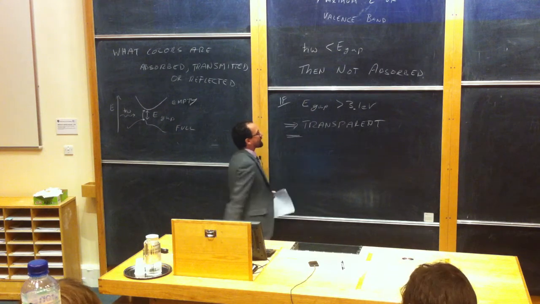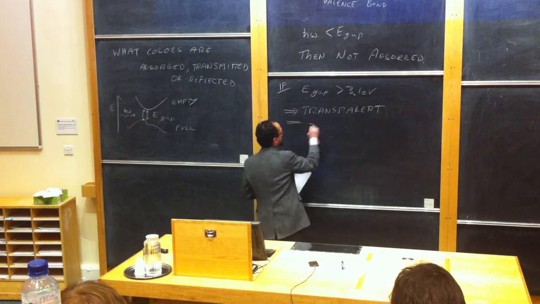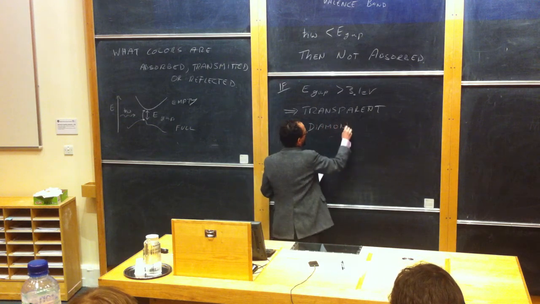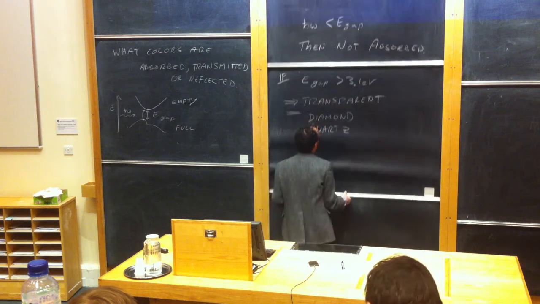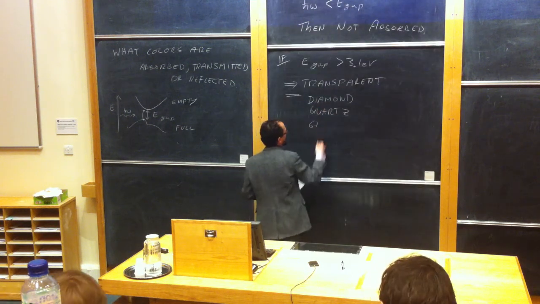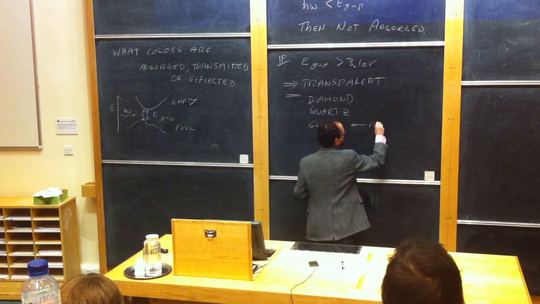So there are lots of examples of transparent materials that have large gaps like this, things like diamond, quartz, salt, glass. Now, glass is kind of special because it's amorphous.